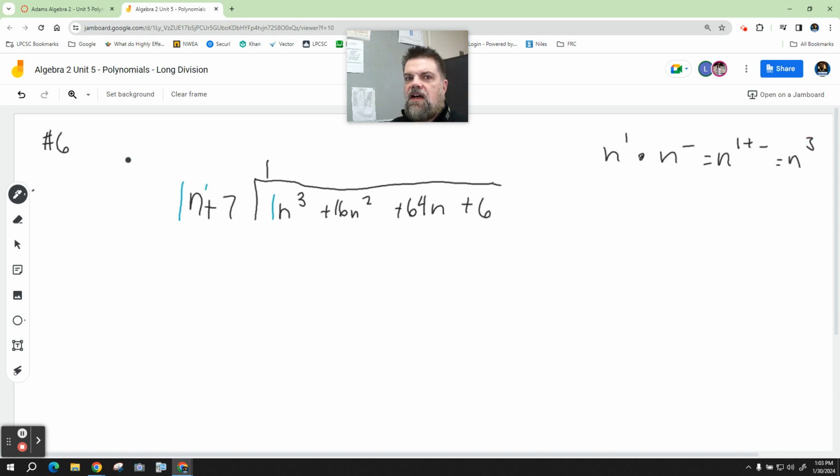What does that power got to be? 2, right? So in other words, I have to put n squared here and multiply it by the n to get the n cubed. So let's multiply that out.